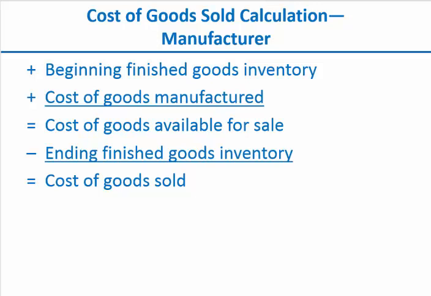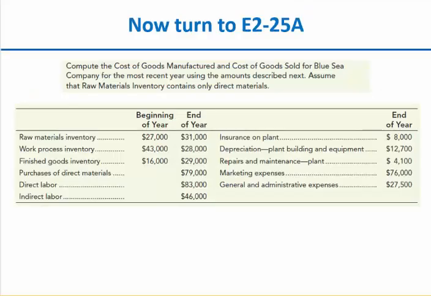Now I'm going to show you a very comprehensive example that covers all the calculations involved in CGS. Let's take a look at this question. We are going to compute the CGS and the CGM for the Blue Sea Company for the most recent year using the amounts described next. Assume that raw materials inventory contains only direct materials.